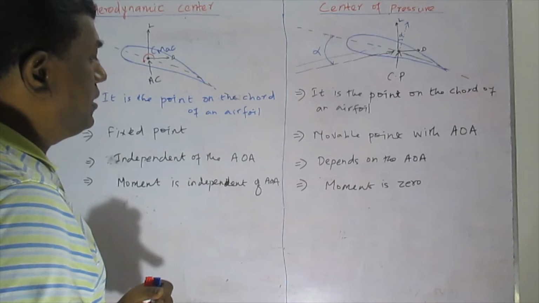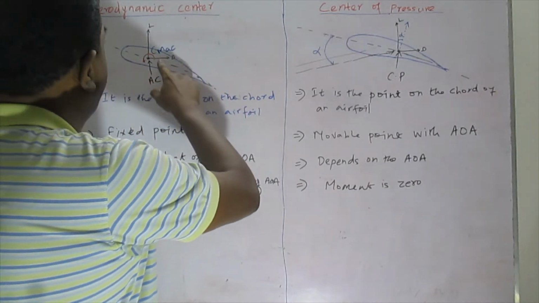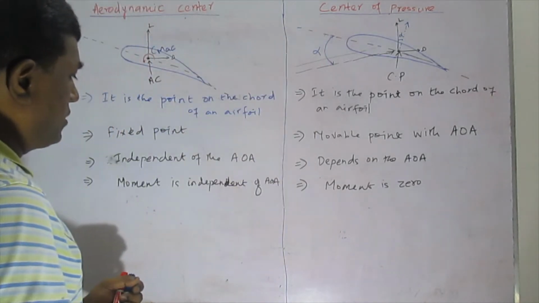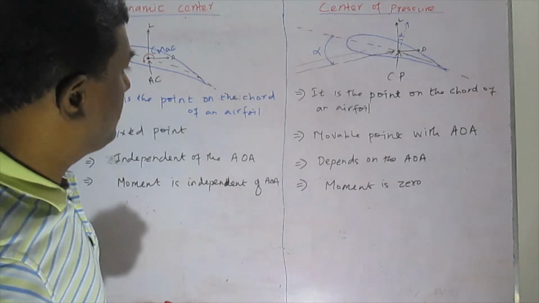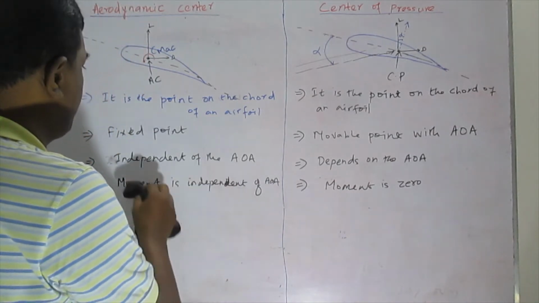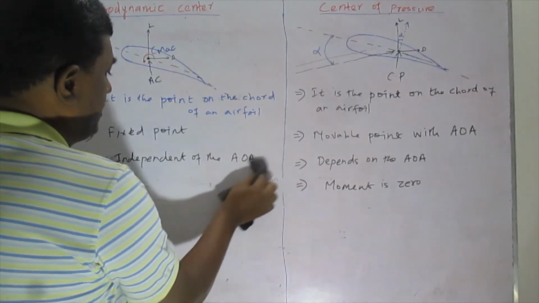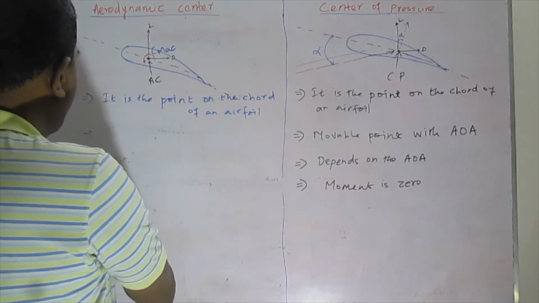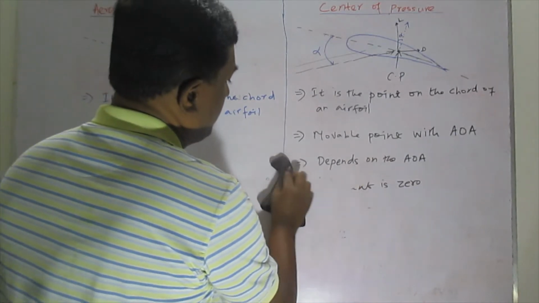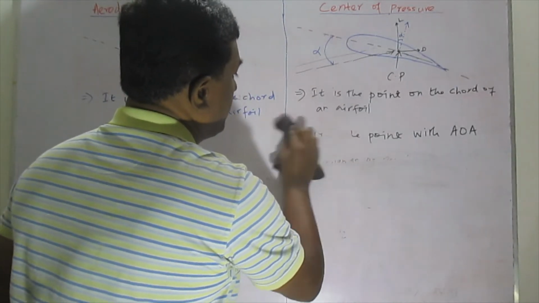Now let's find the relationship between the aerodynamic center and the center of pressure. We can find the relationship by taking the moment about the leading edge.